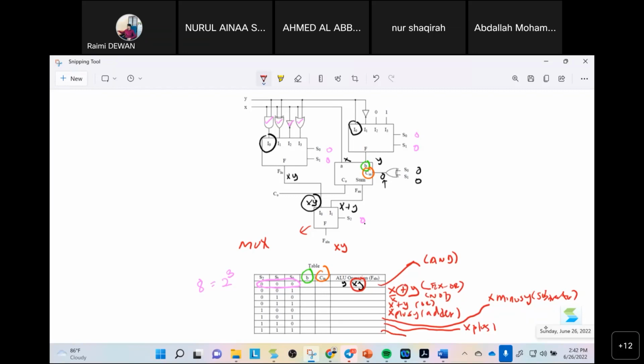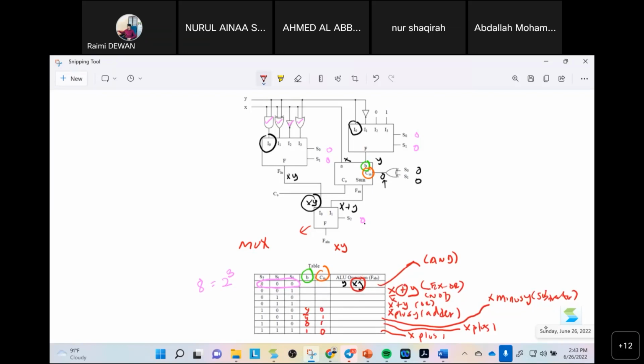This one also X plus 1. And then this one is 1, 0. Let me know if you have anything to ask, but you guys check your answer first. Y1, 1, Y0.